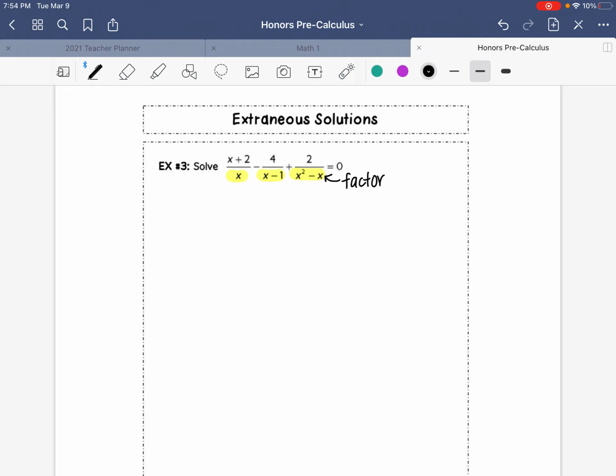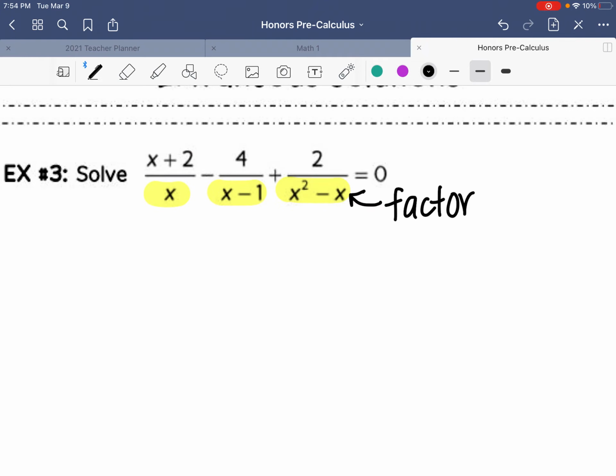So if I factor that piece, I'm going to take the GCF out, and that's going to turn into x times x minus 1. So now I have a combination of the two other denominators. So my LCD is the product of the smallest denominators. So I have x times x minus 1.